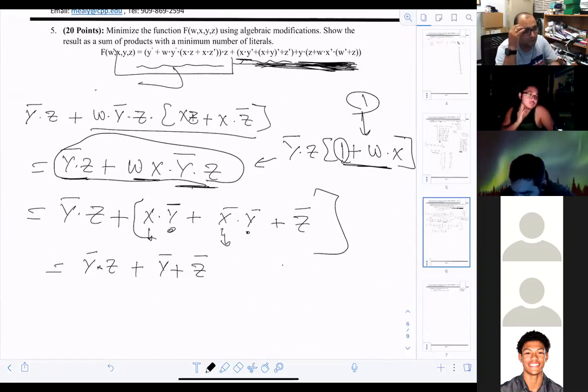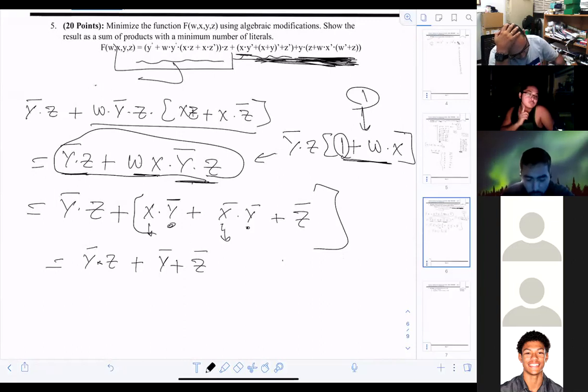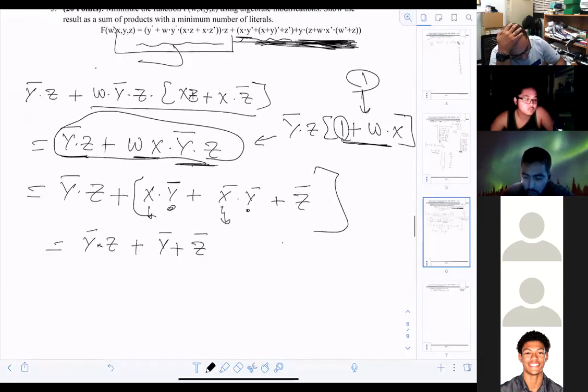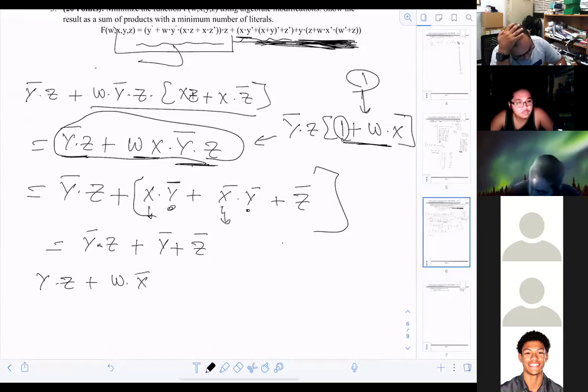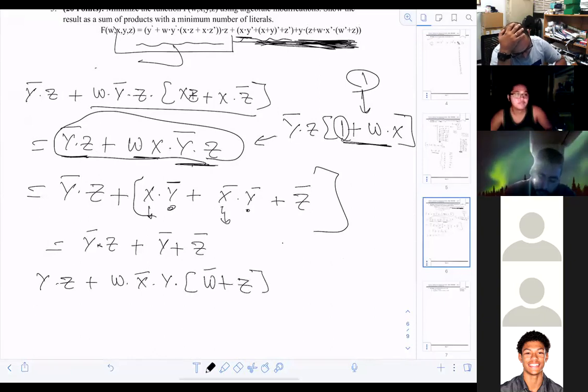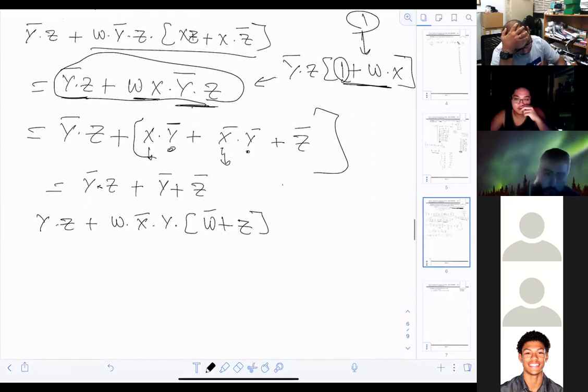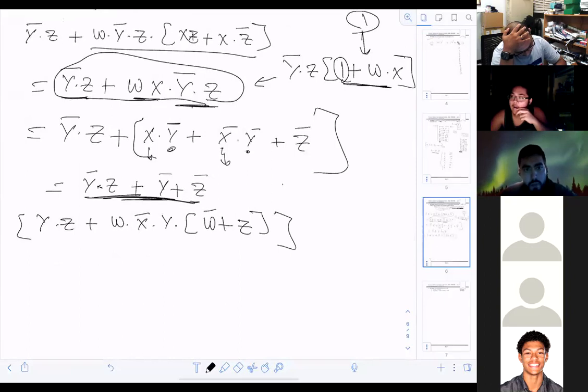Anyway, now we're going to go into the last part, to add it into the system, right? So the last part is Y Z ORed with W X complement Y and W Z. I'm talking about this last part. Leave this one, we still need it.